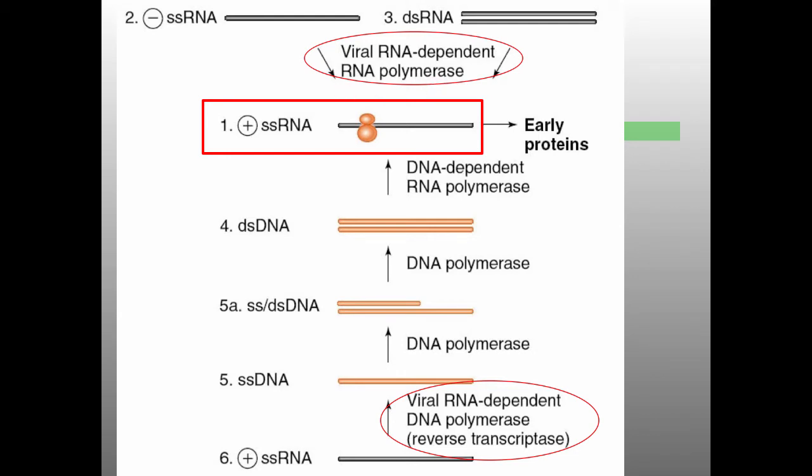Which one would that be? MS2, thank you. So these are viruses that package single-stranded RNA of the positive sense in their genome. Positive sense just means this RNA, once it comes inside the cell, can be translated immediately by the cellular ribosome.